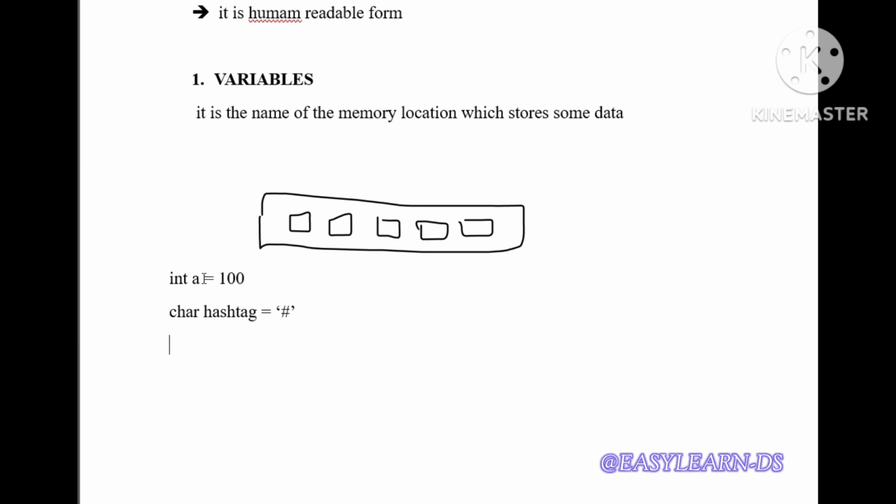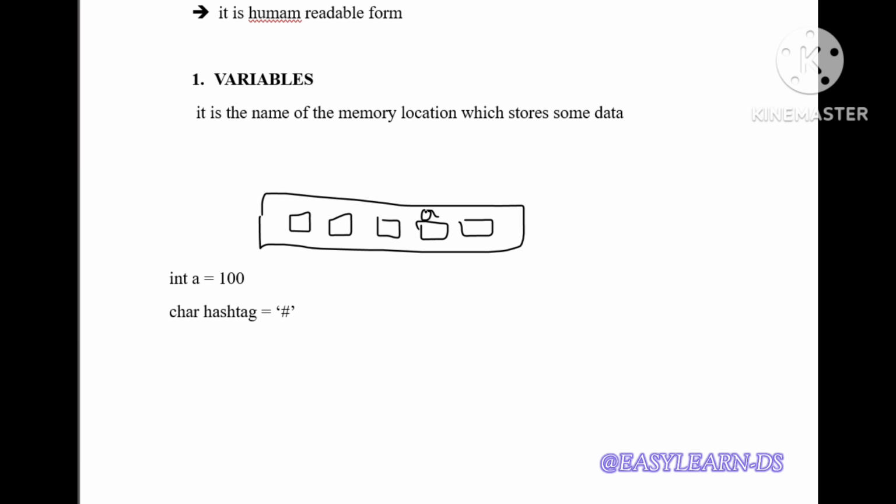And then it is an integer. How will this integer be stored in memory? It will be directly assigned to a memory slot. For example, it is a. It is stored at a location here in this memory location.